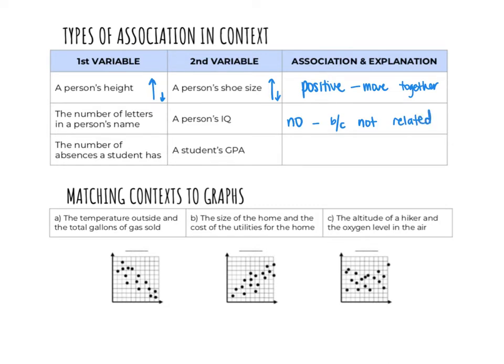Next up, the number of absences a student has and a student's GPA. Again, think generally. We would like to think that the more school you miss, the more assignments you miss, the more instruction you're missing. So odds are your GPA is going to drop. Or if you're there every day, you're doing the work, you're learning everything that you're supposed to, maybe the higher your GPA is going to get.